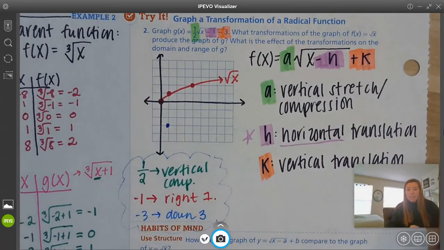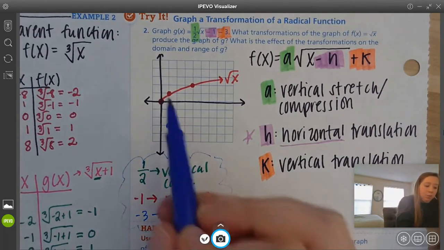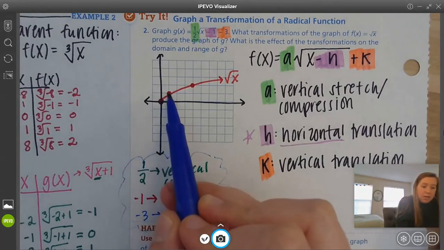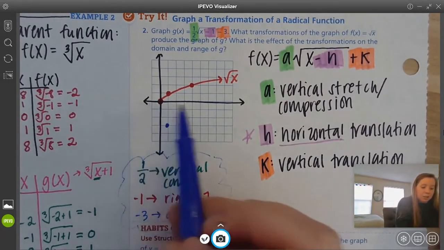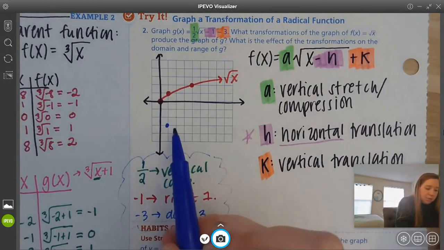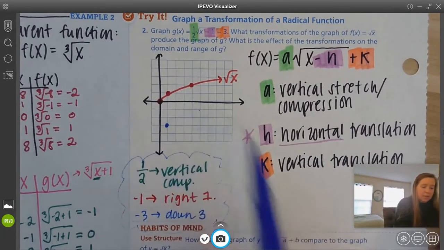And if that is the only transformations, if you only have a horizontal and a vertical translation, or one or the other, or both, you can go ahead and just follow the same pattern of our parent function. Our second point was over 1, up 1. So you could go over 1, up 1. And then our third point was over 4, up 2. So you could go over 4, up 2.